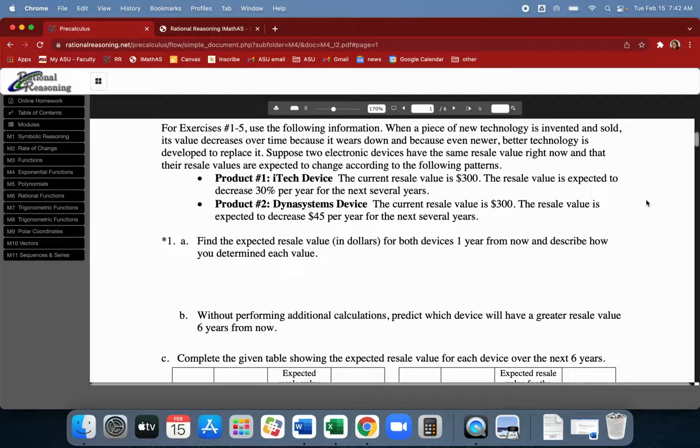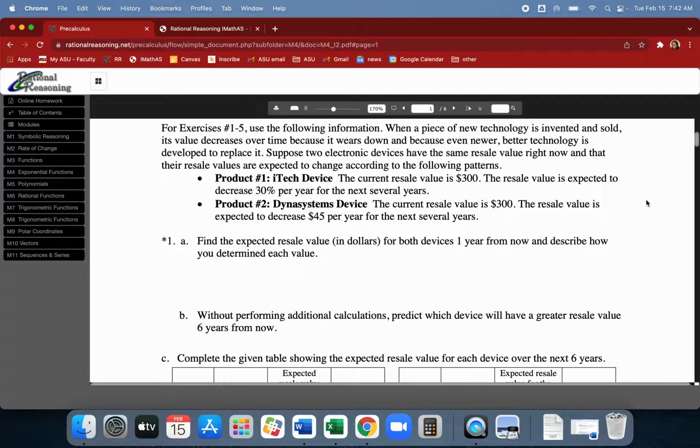You don't have a new value for the iTech device that decreased by 30% after 1 year, what its new value would be? Well, what is 30% of that? That's the amount it has to decrease by. 90, yeah, so it'd have to decrease by 90.